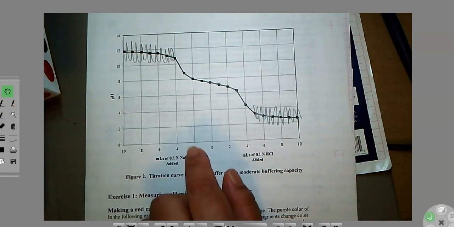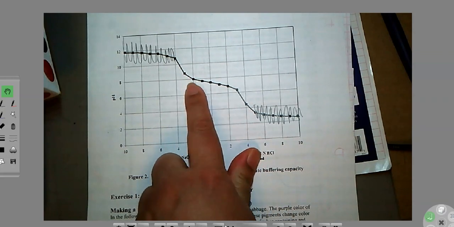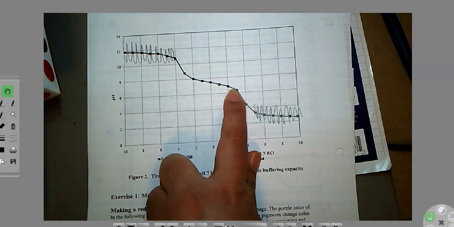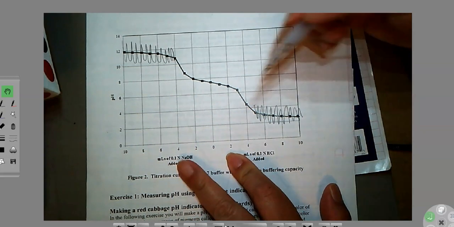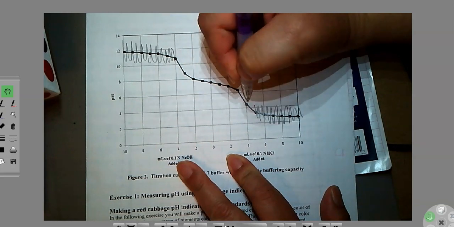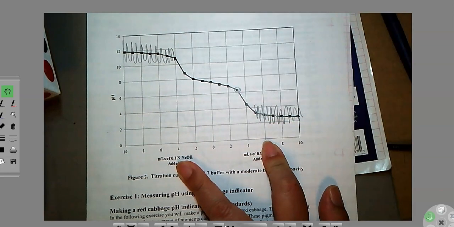The next thing you want to identify is the last part of this flat part before it stops acting like a buffer. You're going to look at this flat part, and as soon as it starts to drop significantly, that is your last point. In this case, this would be the last point here.